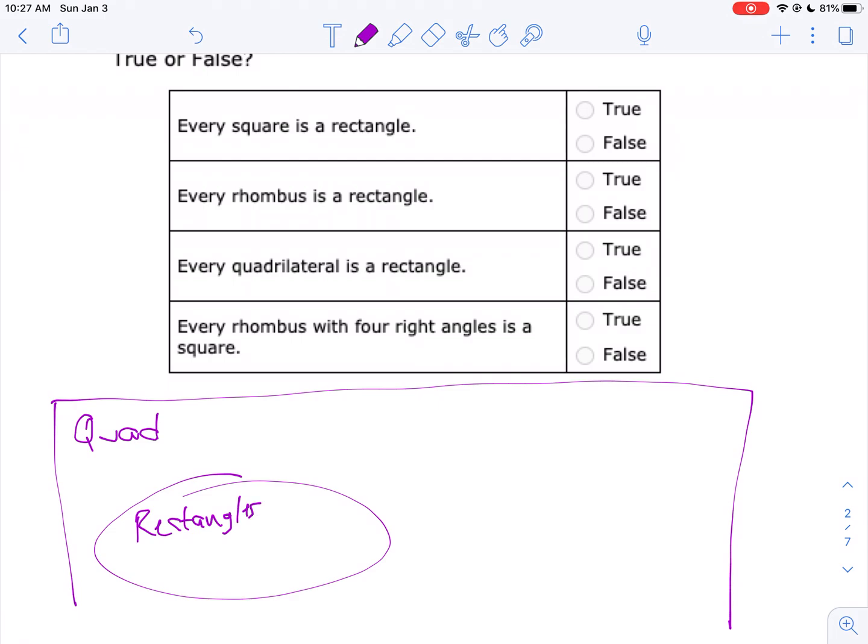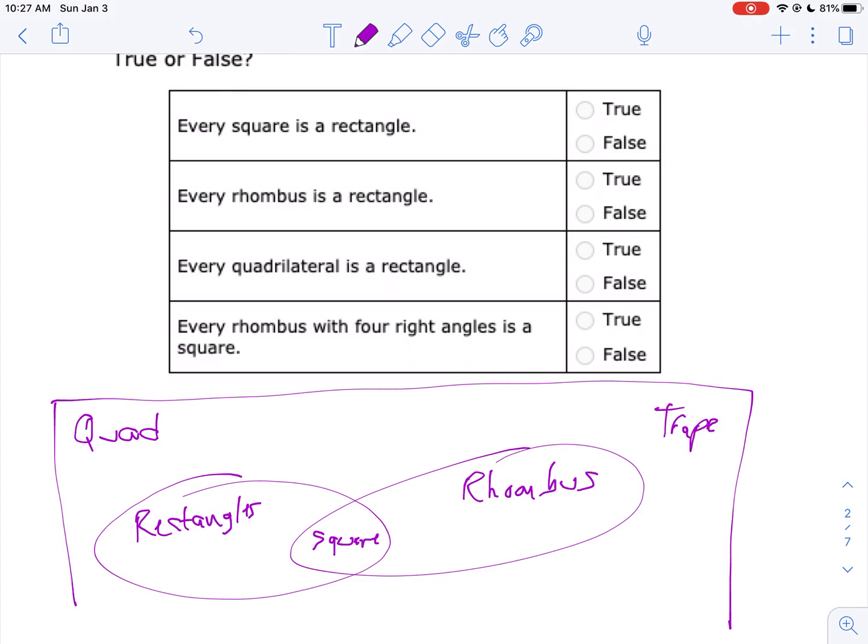Some of those quadrilaterals are rhombi. If a shape is both a rectangle and a rhombus, it's a square. And then we had trapezoids over here, but I don't think that affects this problem.